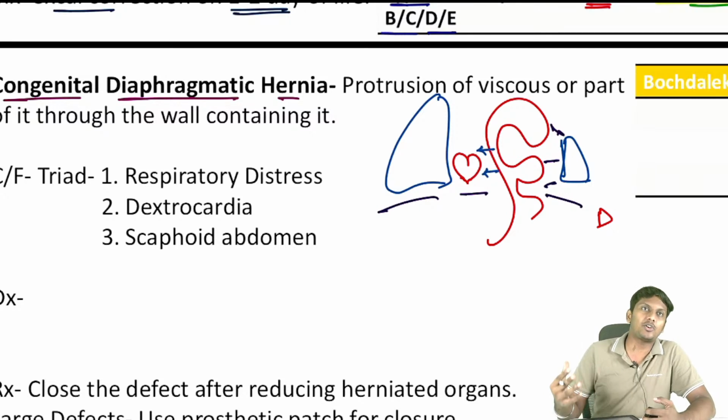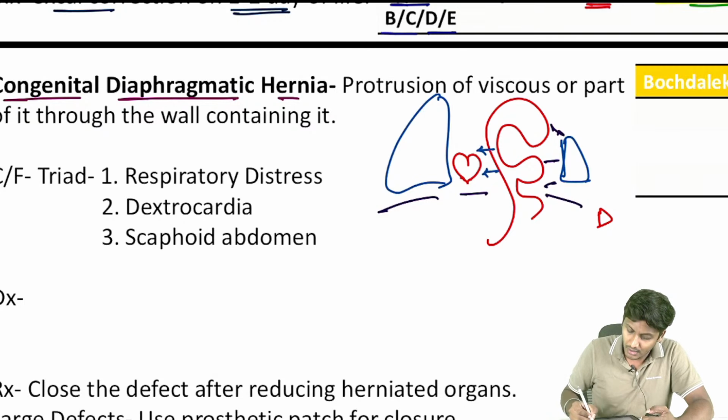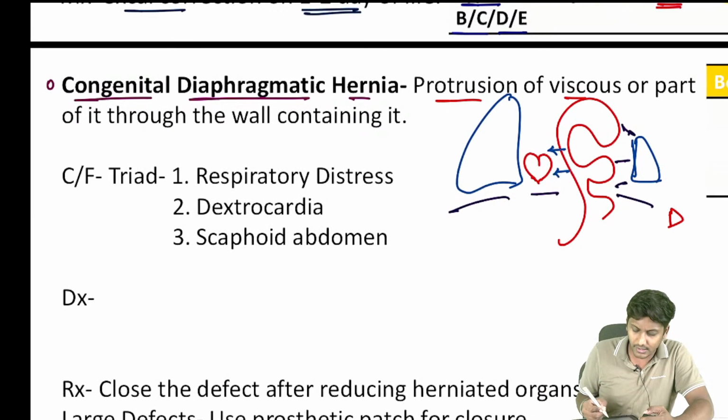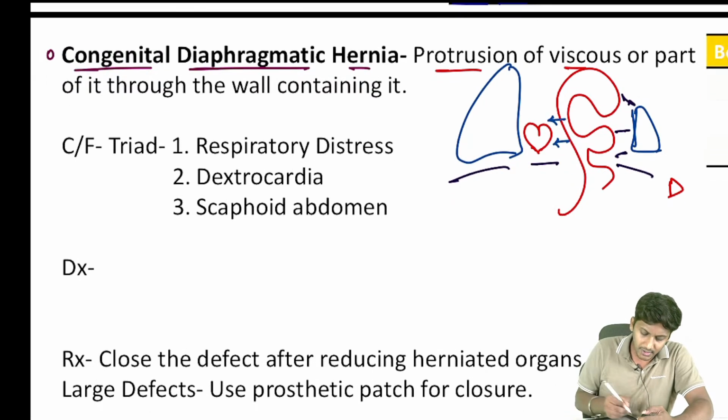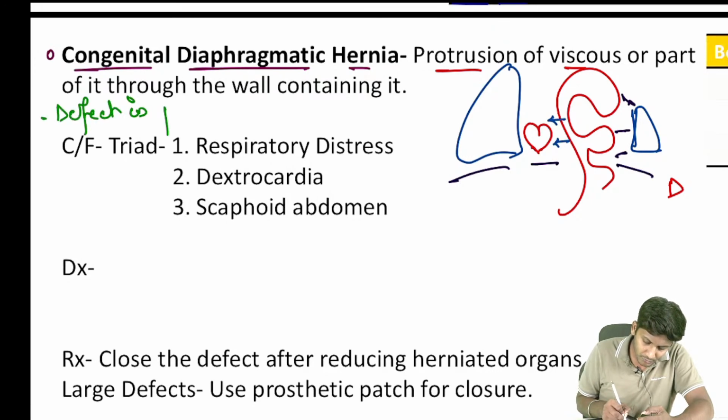And because there is protrusion of the organs outside their cavity, it is called hernia. So here there is protrusion of the viscus or part of it through the wall containing it, that means the diaphragm. It is due to, as I've told you, write down, a defect in the pleuroperitoneal membrane.